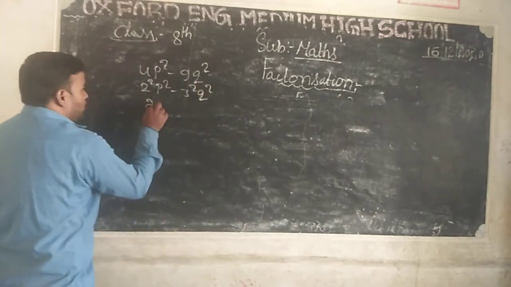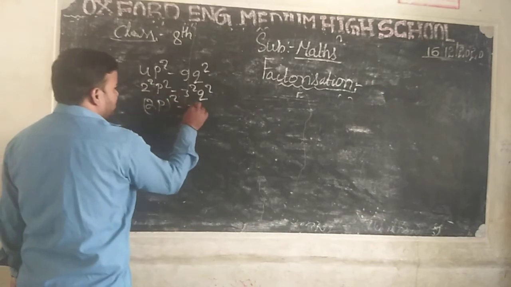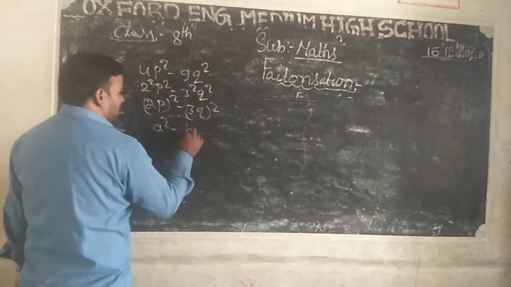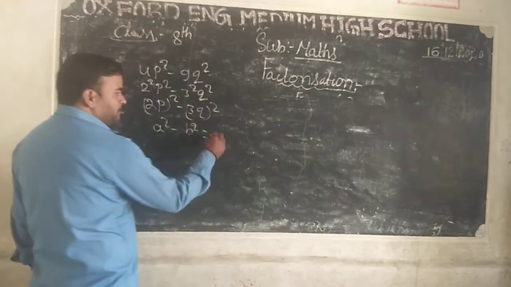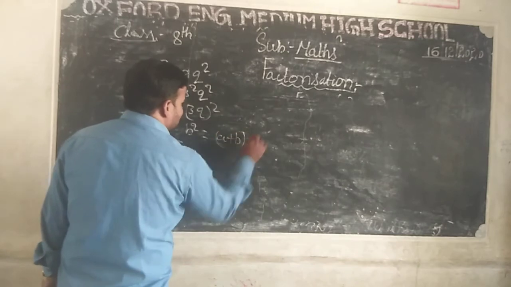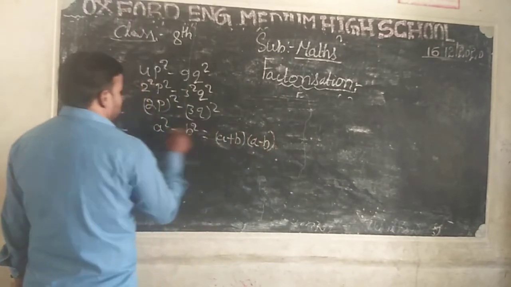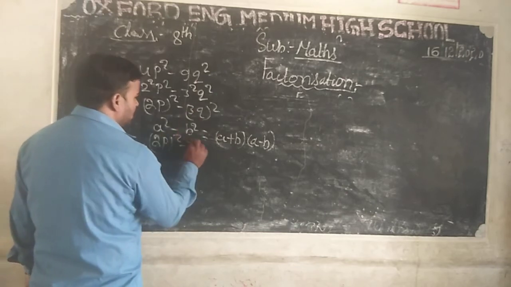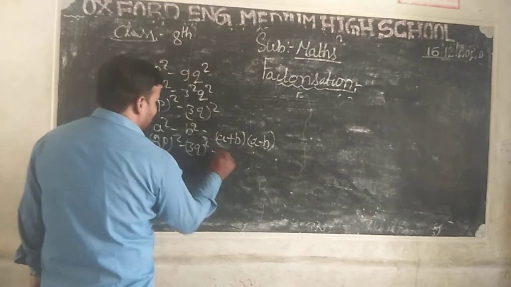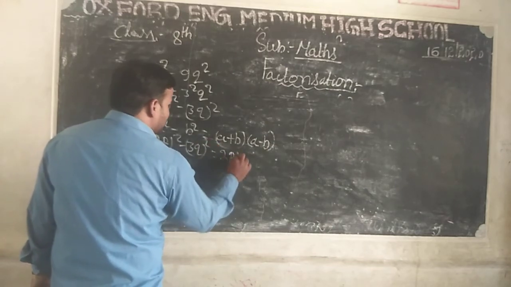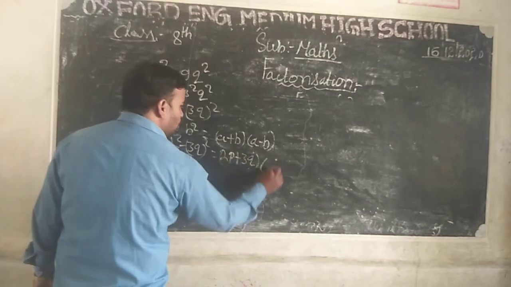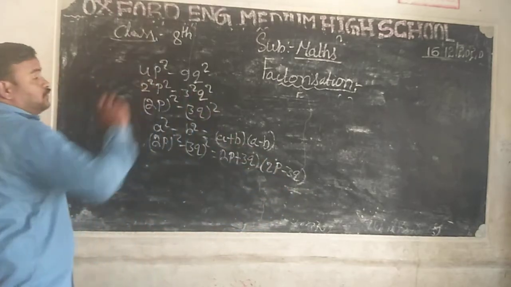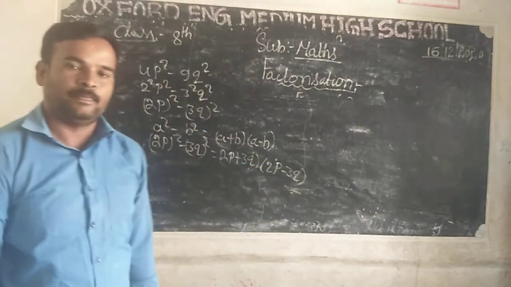So therefore 2p whole square minus 3q whole square. This is in the form of a square minus b square, whose identity is a plus b into a minus b. So instead of a write 2p, and instead of b write 3q, which gives 2p plus 3q into 2p minus 3q. That's all. These are the two factors of 4p square minus 9q square.